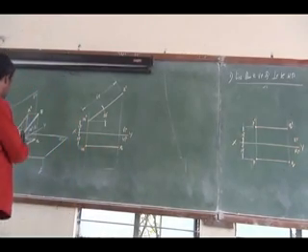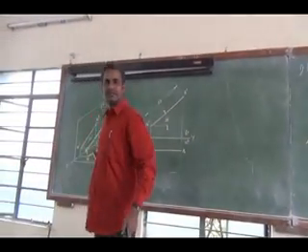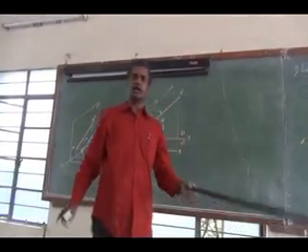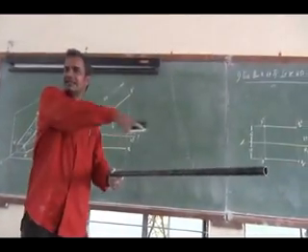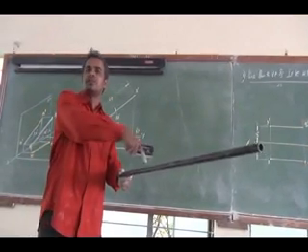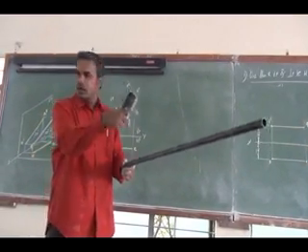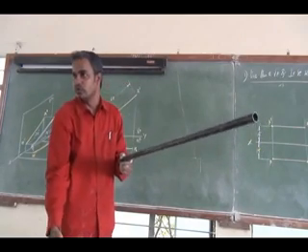You see here, the line is like this. It is inclined and it is parallel. The true length will be obtained on the top view.